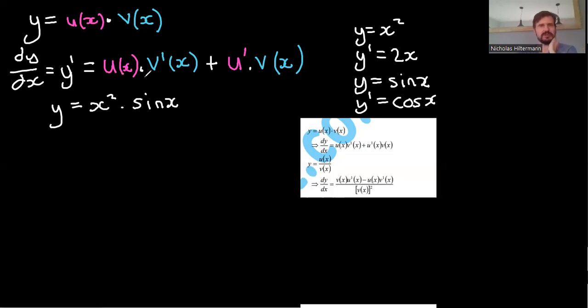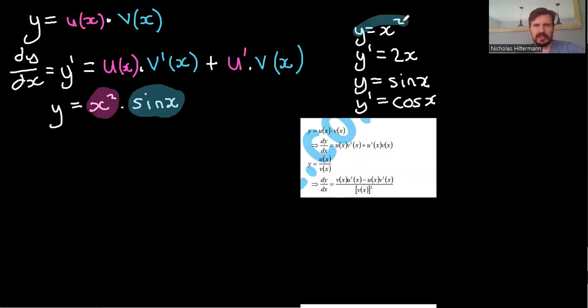Well, all you do is you simply just look at this formula. And now I'm going to highlight what's what. So we see our x squared is our pink. And our sine x is the second thing we times it by, is our blue. And so then we just put in our value.